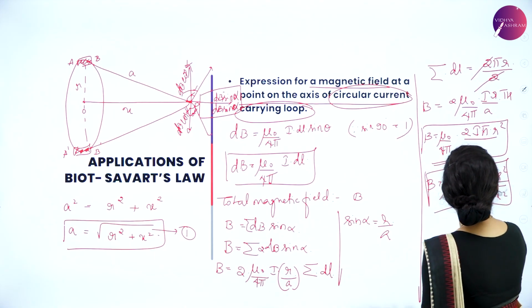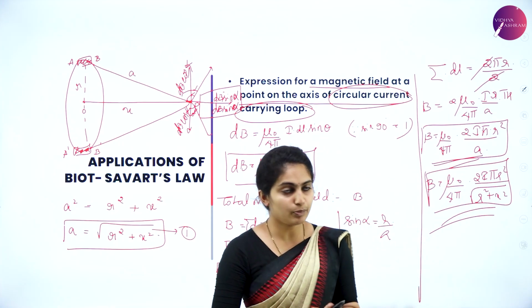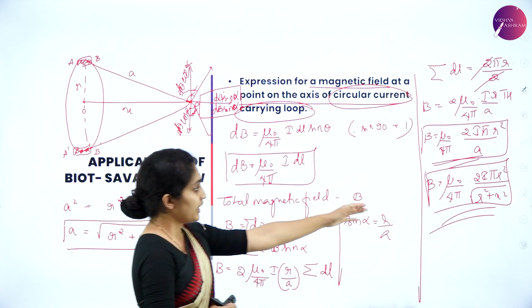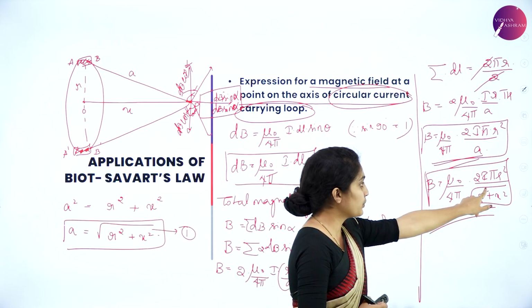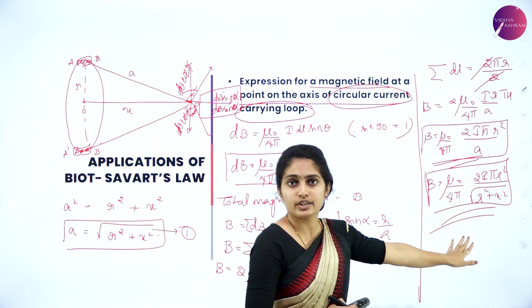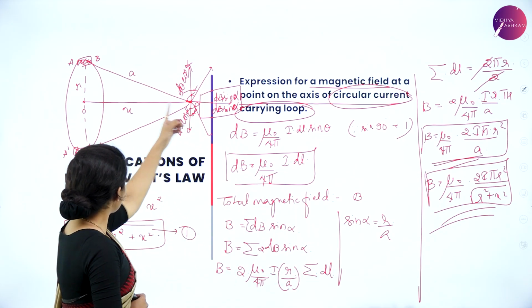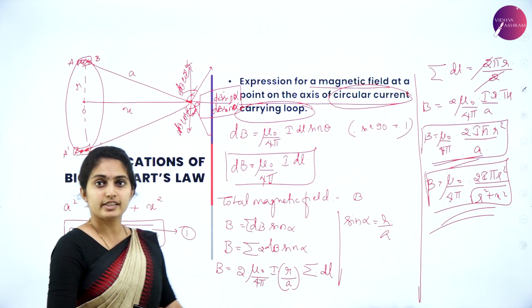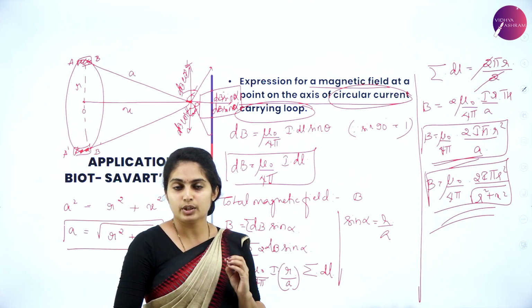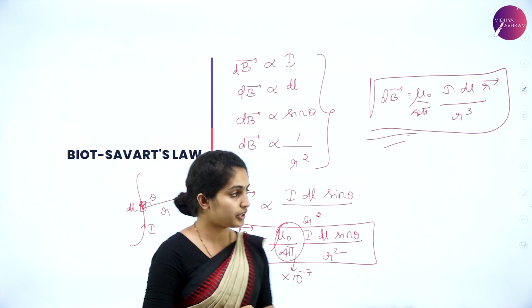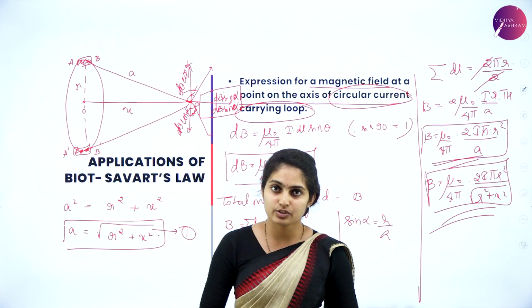This is the final answer. Suppose x is set to be 0, so x cancels and you have r square, giving the final equation where x is 0 if the point P lies on the origin. This is an important derivation which you have to know, as well as the expression, which is also very important.